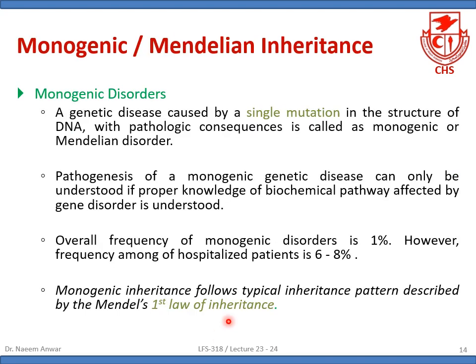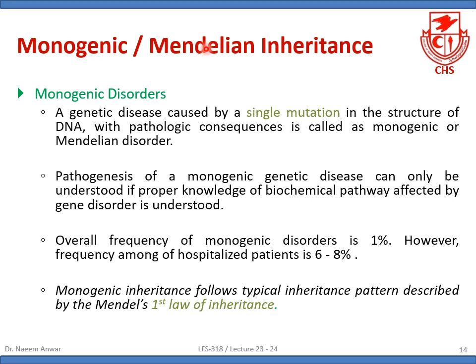We talked about the monogenic disorders, so mainly it is caused by a single mutation, and it will cause some difference in the structure of the DNA and will lead to some pathogenic consequences. For example, we have some diseases that arise from these monogenic disorders, and they can only be understood if we know the biochemical pathways that are affected by these disorders.